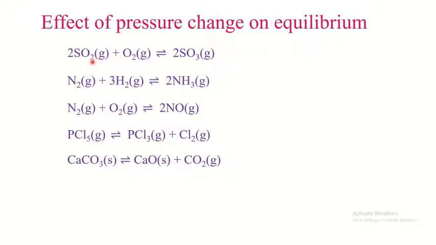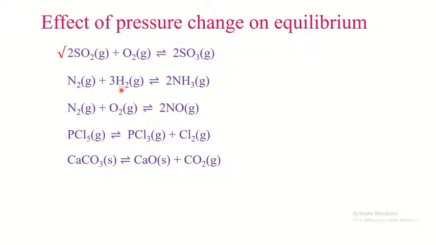There are 2 moles sulfur dioxide and 1 mole oxygen. And on the product side, there are 2 moles sulfur trioxide. That means there are a total of 3 moles reactants and 2 moles products. So the mole numbers are different. So this reaction has the effect of pressure on its equilibrium.